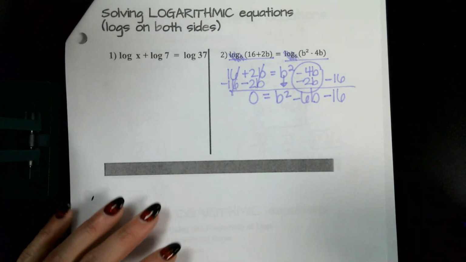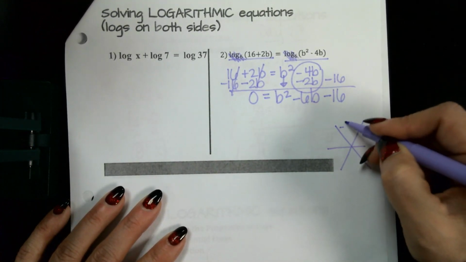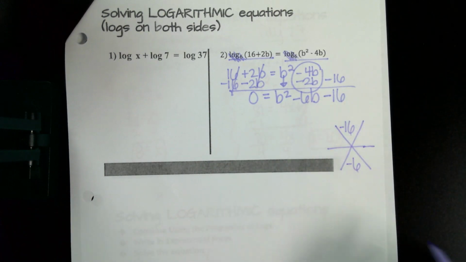Now what do I have to do? Yep. We're going to figure out negative 16 and negative 6.